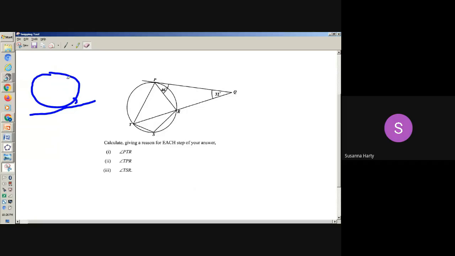All right, so let me ask you a question. Right where the tangent forms at P, where they have 46 plus that little piece, isn't that 90, sir? You mean right here, sir?